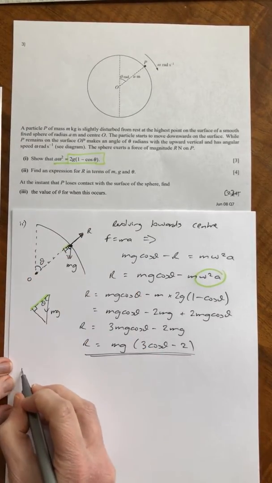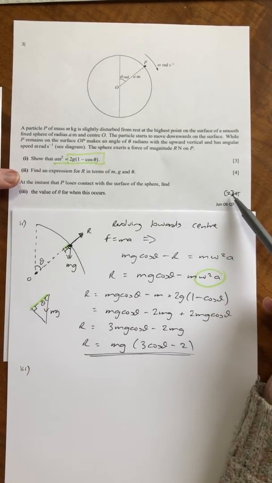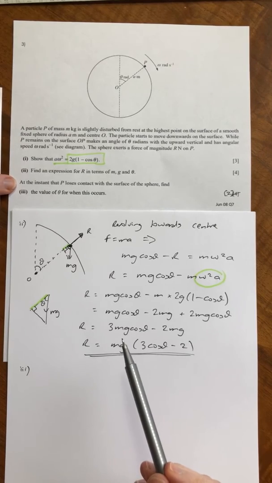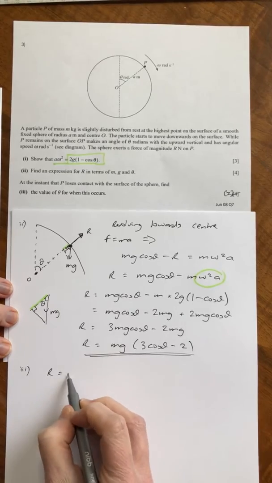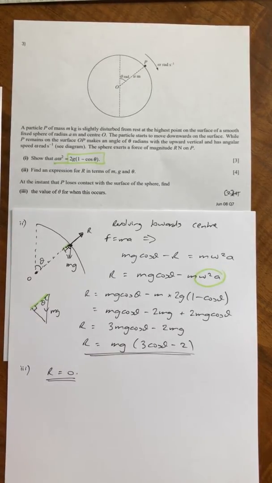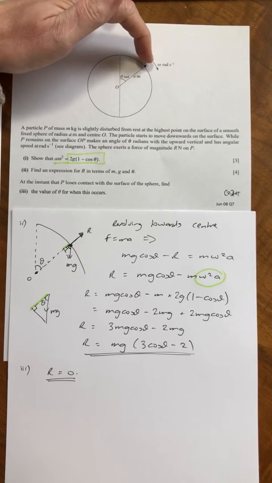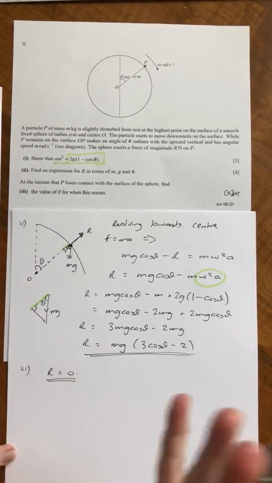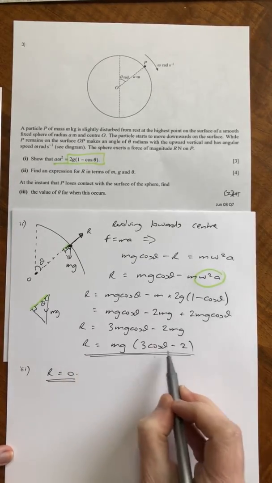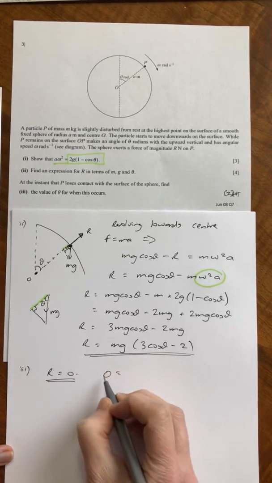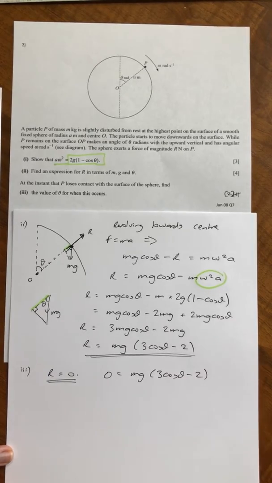Right, so final part, and as I said, it is now a much shorter and much simpler thing, because it's talking about when P loses contact with the surface of the sphere. This, of course, occurs when R is equal to 0. The thing that's keeping it attached to the sphere is that normal reaction. So when that's 0, it will lose contact. So I just need to consider 0 in that equation above. 3 cos theta minus 2.